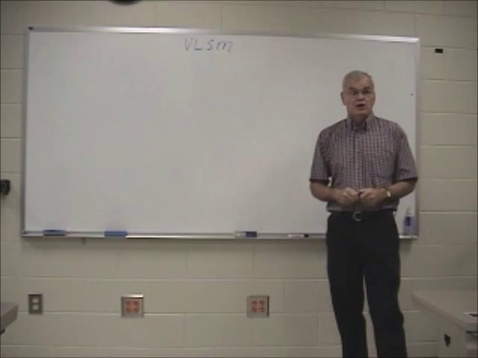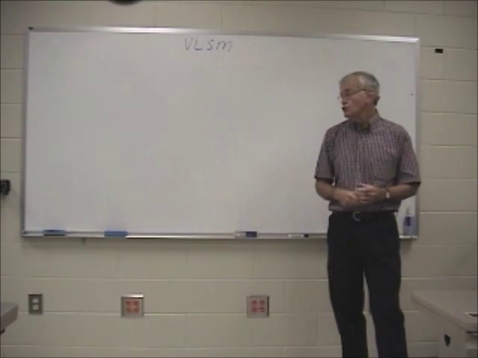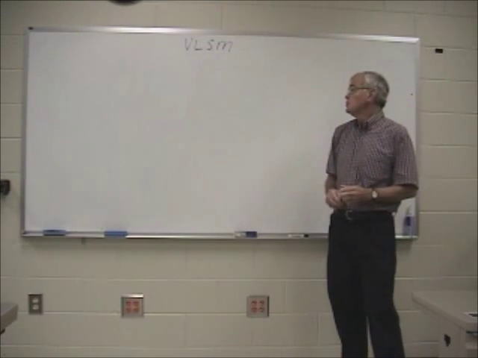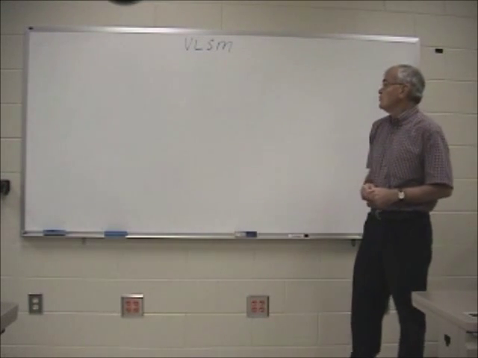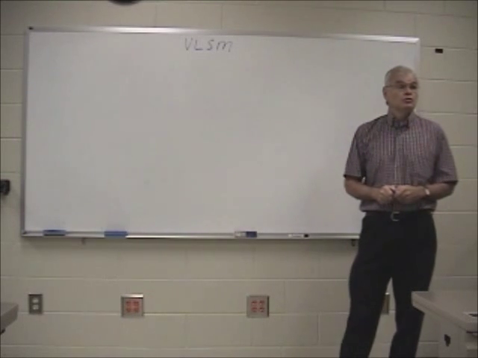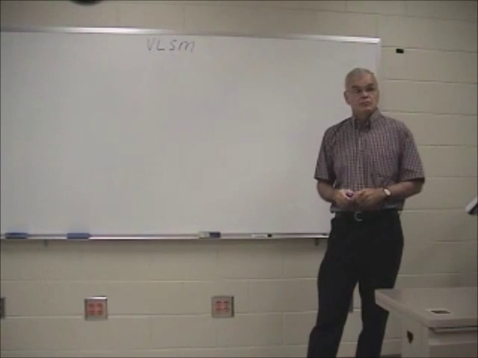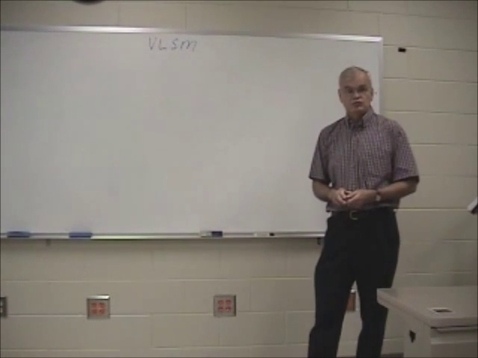VLSM, along with NAT, became ways to get by so that we didn't run out of IP addresses back then. Now we're running out again, really running out this time, with no backup. But VLSM will allow you to take a subnet that you need to subnet and not be limited to just the same length size subnets.